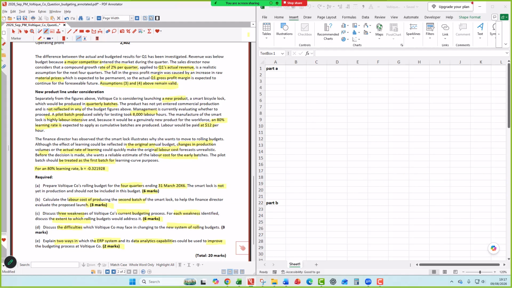Okay, so let's take a look. You could do these questions in any order. You could start with whichever one you prefer, and I would recommend doing that. You don't have to do them in order, and it's not advisable to do them in order. Let's say you hate learning curves. What you should probably do is make sure you've done A, C, D, and E before you even start on B. So you're getting the easier marks or the lower hanging fruit before you try and get the more difficult ones.